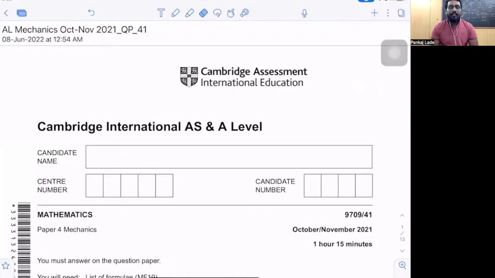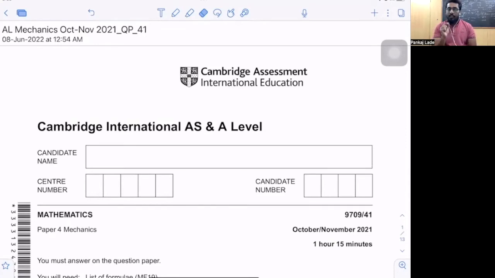We are going to solve the Cambridge International AS and A-level Mathematics Paper 4 Mechanics, October-November 2021, QP code 9709/41. This question paper is for 50 marks and the time allotted is 1 hour and 15 minutes. I hope you are all aware of that.